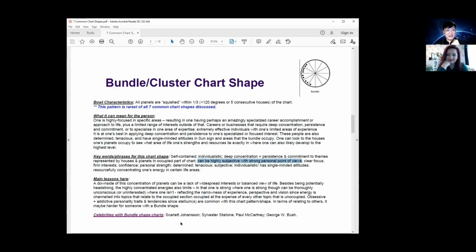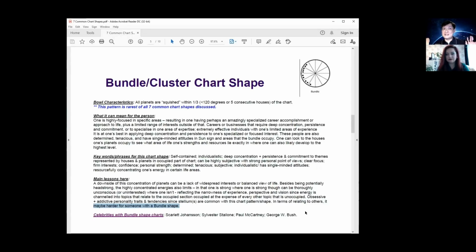And I've also put that in terms of relating, it may be a bit harder for someone with a bundle shape, because they're so into their ways. It depends. If the bundle, as in your case, is everything above the ascendant-descendant line, you'll still be sensitive to public opinion.